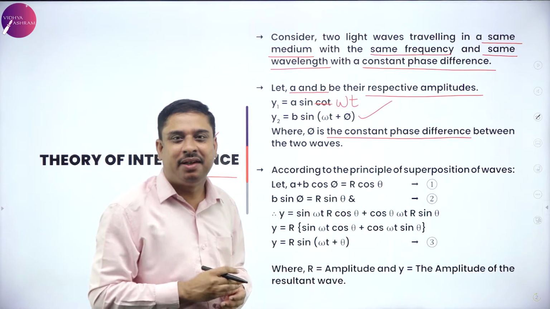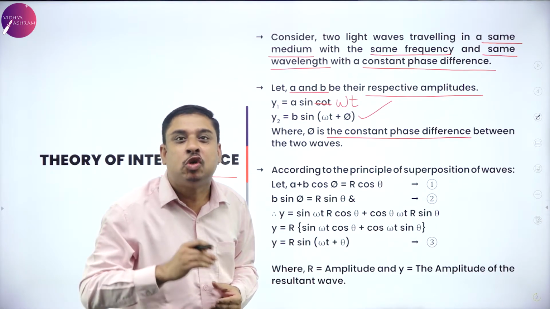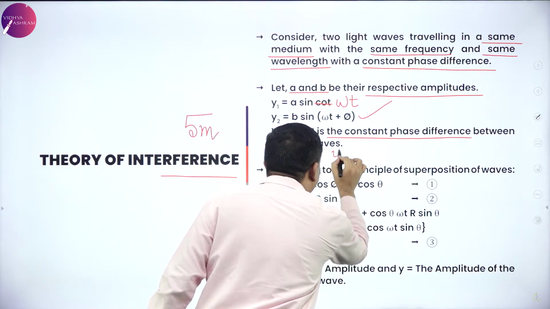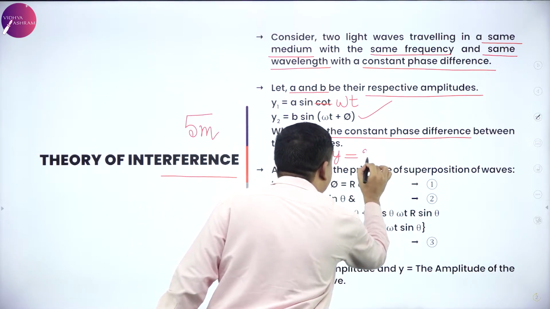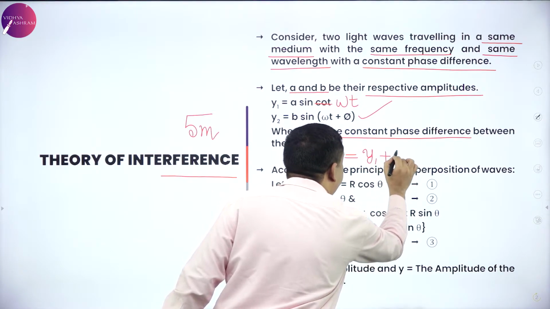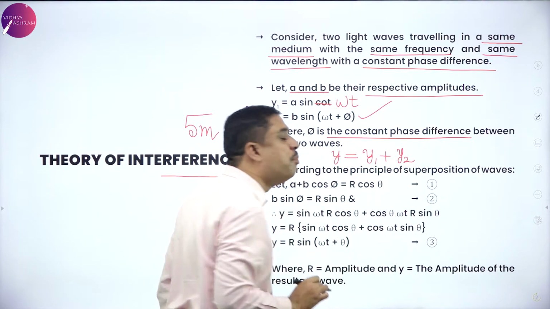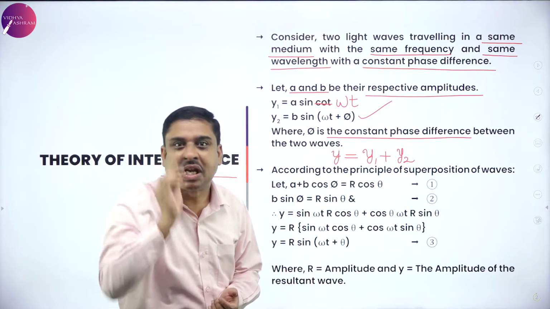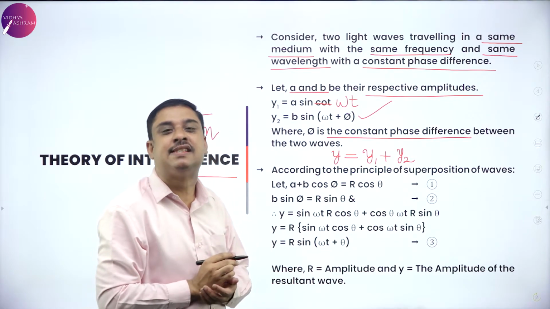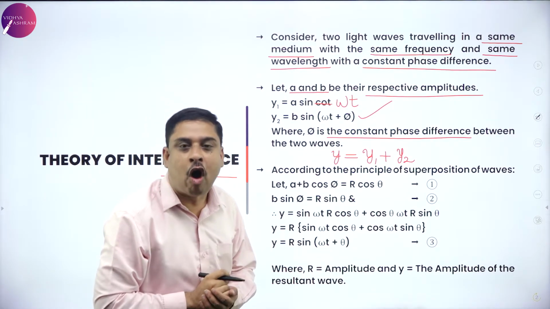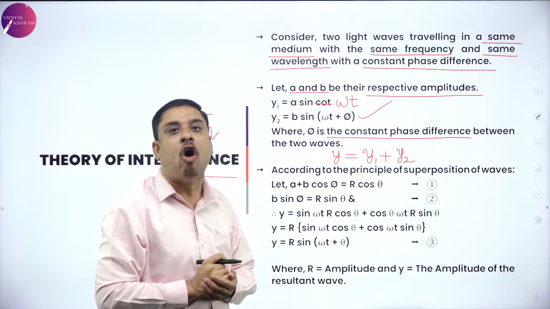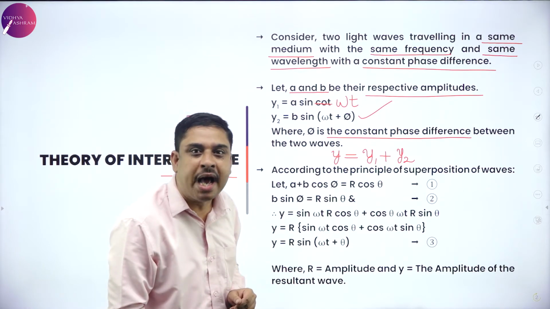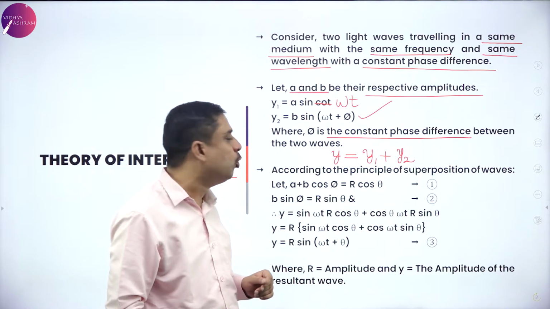Now, what should happen according to the principle of superposition? The resultant displacement should be the sum of the individual displacements. Mr. Young has given us this principle of superposition of two waves. y equals y1 plus y2.